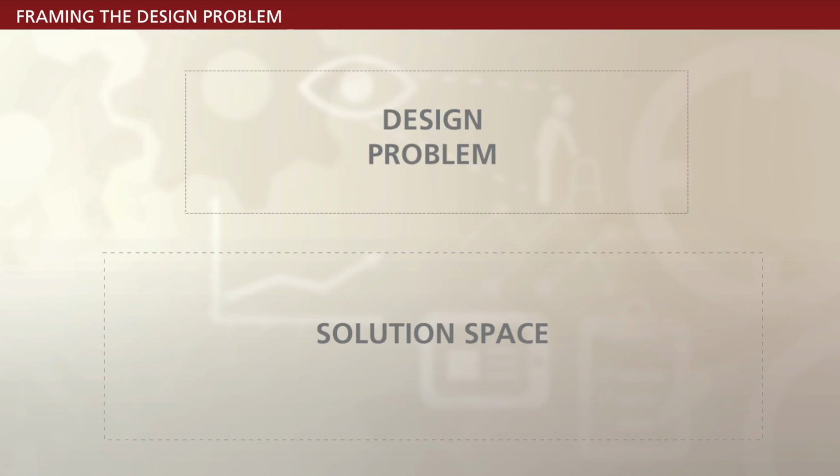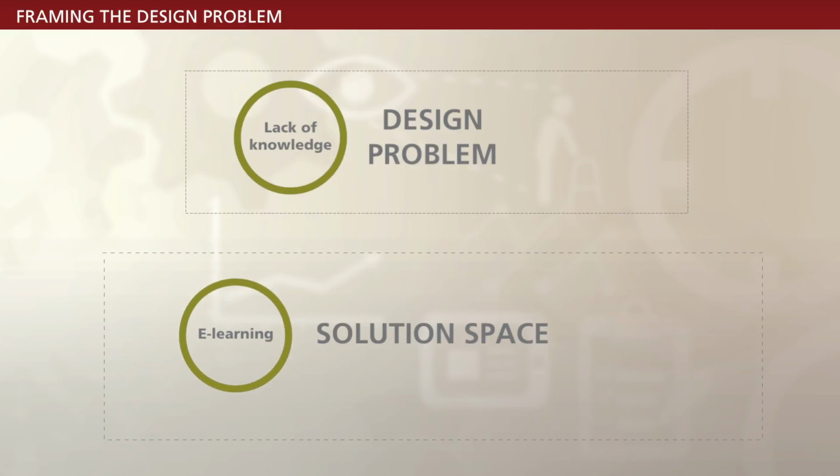The reason for this is that the way you frame a design problem has a direct impact on the outcome of the project. Different design problems, so to speak, open different design spaces. Let me give you a couple of examples. If you frame the problem as a lack of knowledge about healthy diet among people with diabetes, then the solution is likely to become a platform where the users can obtain more knowledge about this.